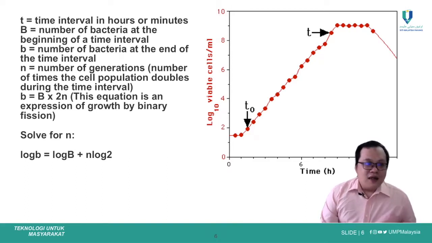Then to solve for the number of generations, we're going to use the formula log B equals log b plus n log 2, because we know that bacteria divide by binary fission and it divides by twofold.